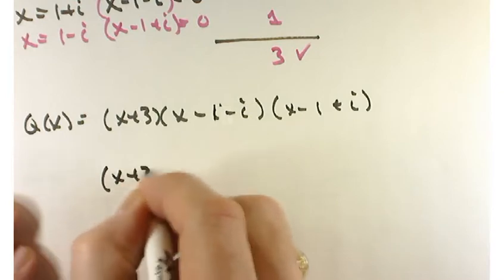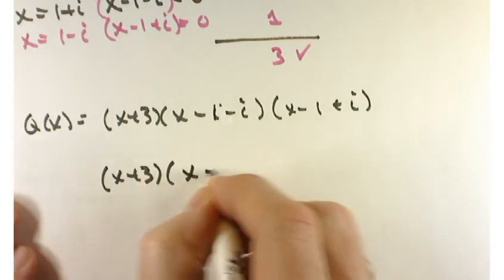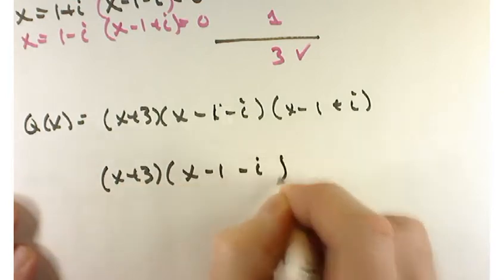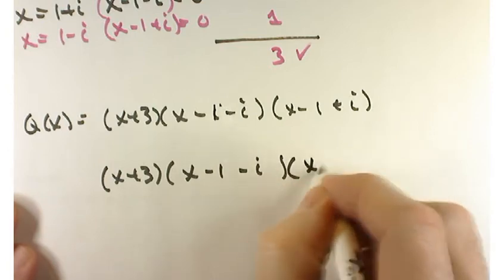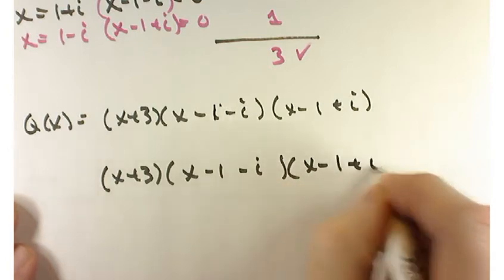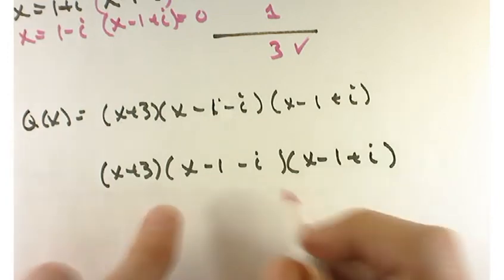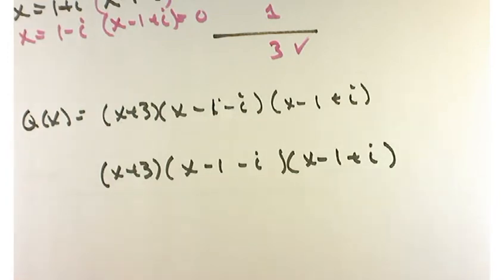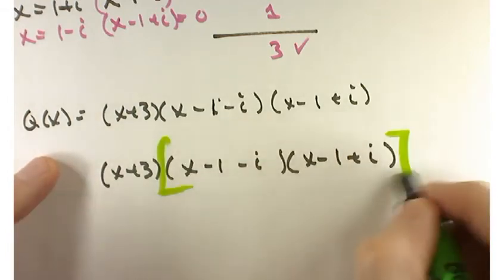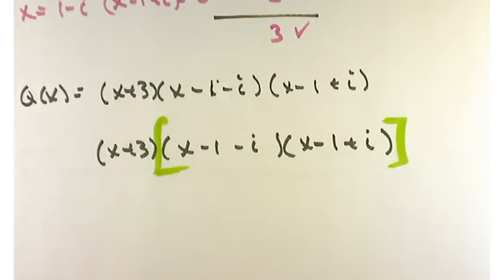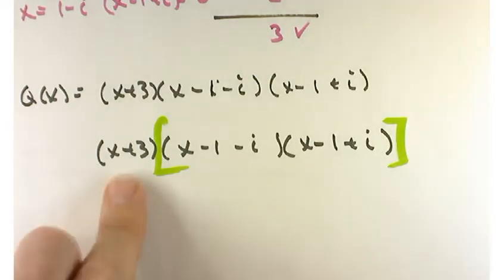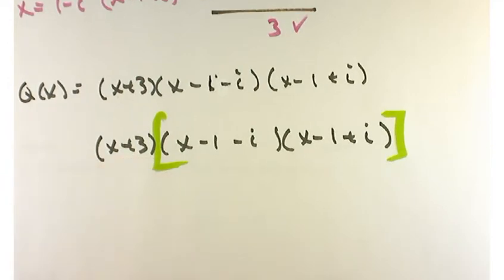Now, as far as multiplying this out is concerned, I'd play a couple games. First of all, I would concentrate on this part first. Let's multiply those together first, clean up this imaginary stuff, and then I'll worry about distributing the x plus 3.